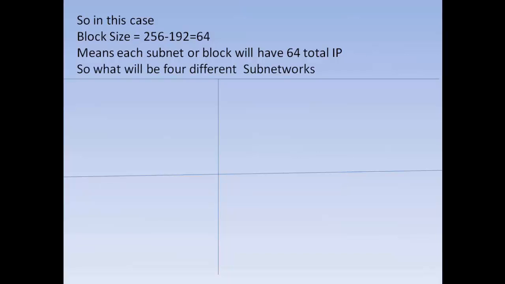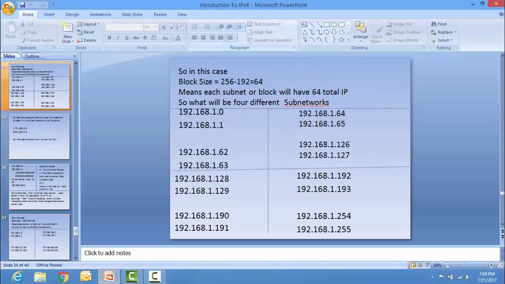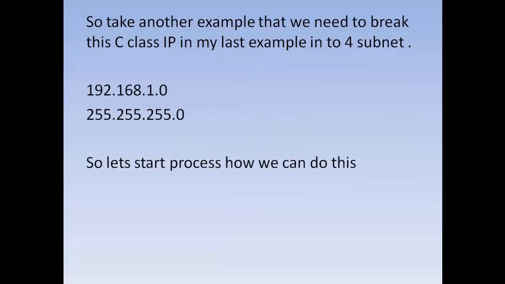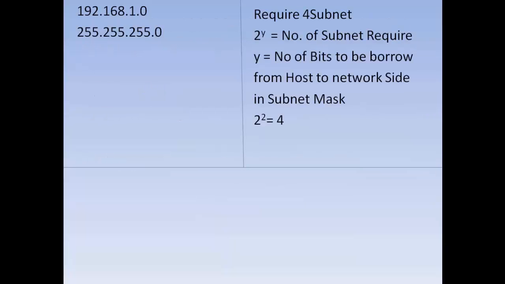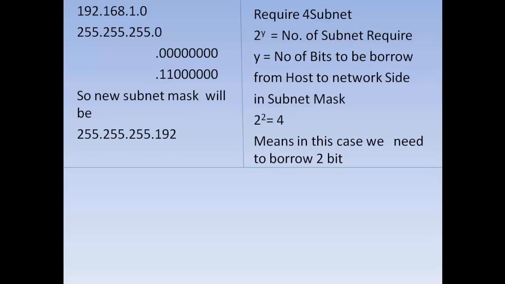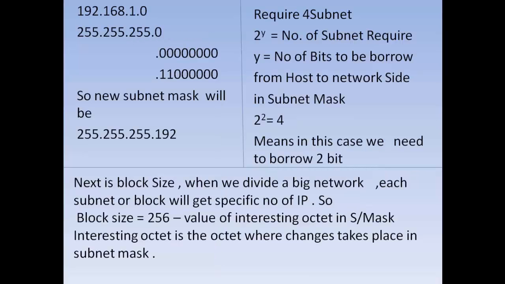And I told you there is one more method to calculate the block size. What is that? With my previous method, 256 minus the value of the interesting octet is 64. Or, you can see here I have borrowed 2 bits, 128 and 64.